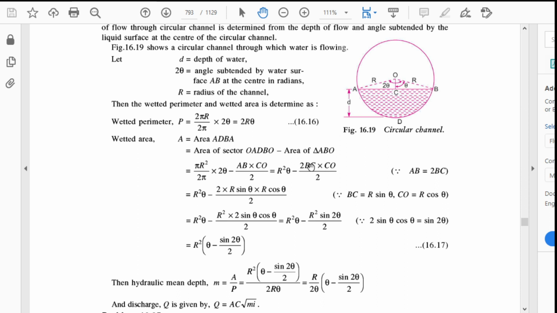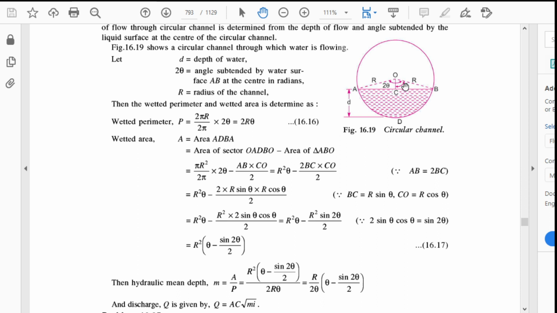Now here the value of BC can be calculated by using this theta, and this CO can also be calculated by using this theta. As this is the opposite side of your theta, this will be the sine component, and as this is the adjacent side of this theta, this will be the cos component of your theta.